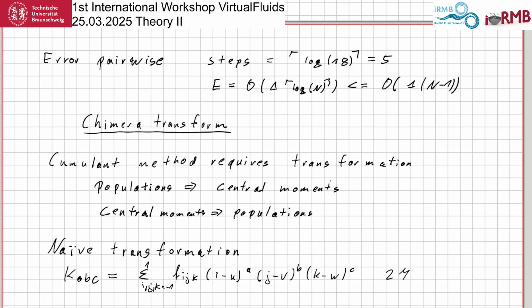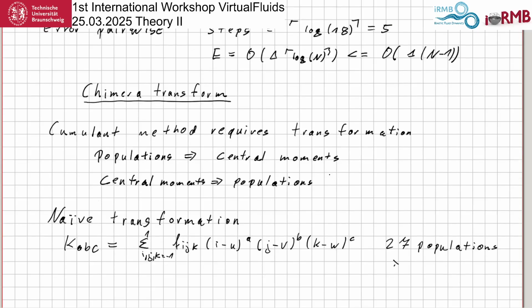So what you have to do is you have 27 populations that you sum 27 times to get 27 moments. So this is what you have to do, forward and backward in each collision.